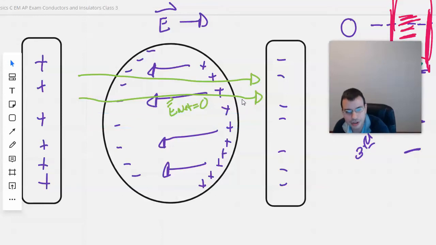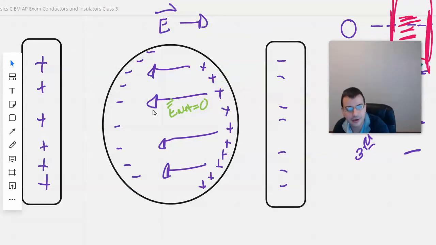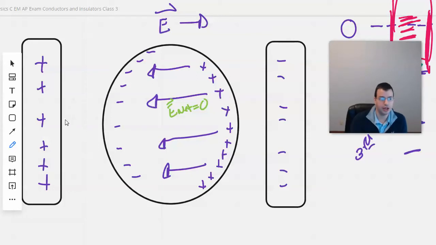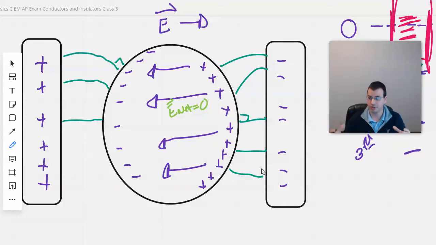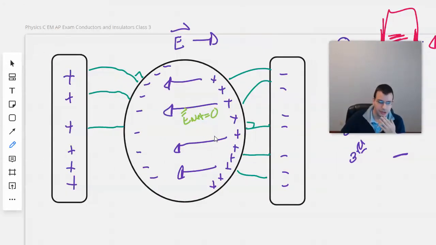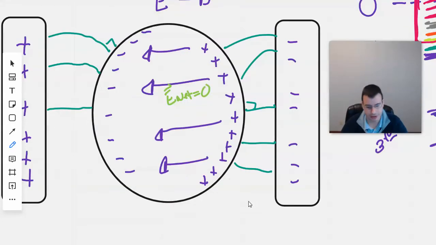Another point that it's kind of hard to see from my drawing is that when the electric field lines intersect a conductor, they're always going to intersect at right angles. And that's true with charges too. When electric field lines interact with a charged object, it's going to be at right angles. I think that is most of the knowledge we need for this.